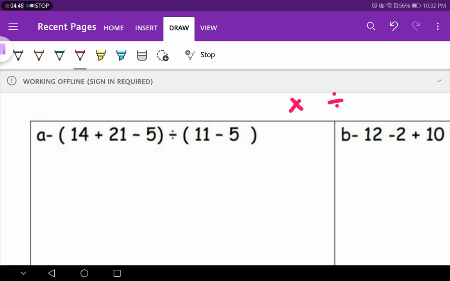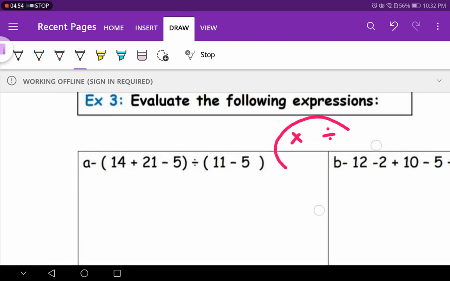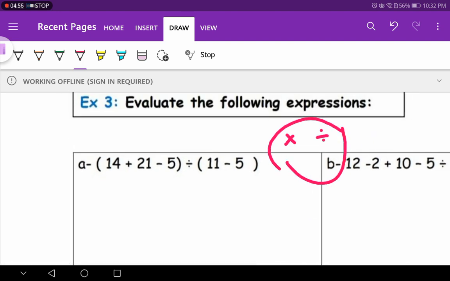The division is stronger than the plus and minus. You see? So divide and multiply are stronger than plus and minus.